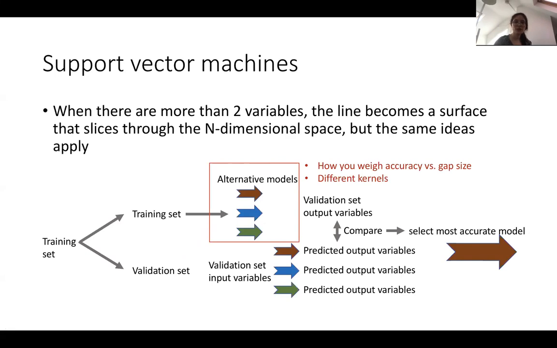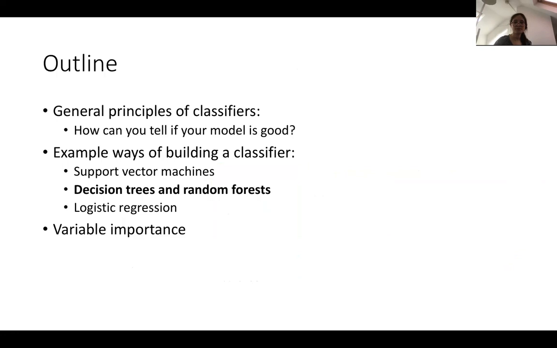First of all, you can change how important you consider the accuracy versus the gap size, how far away the points are from the central line. You can also vary the model by varying the different transformations you can do before finding a line that separates the points.